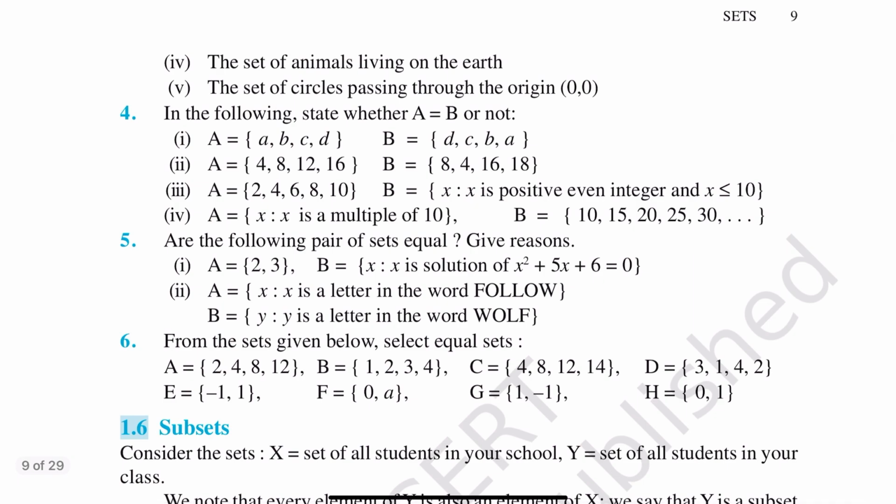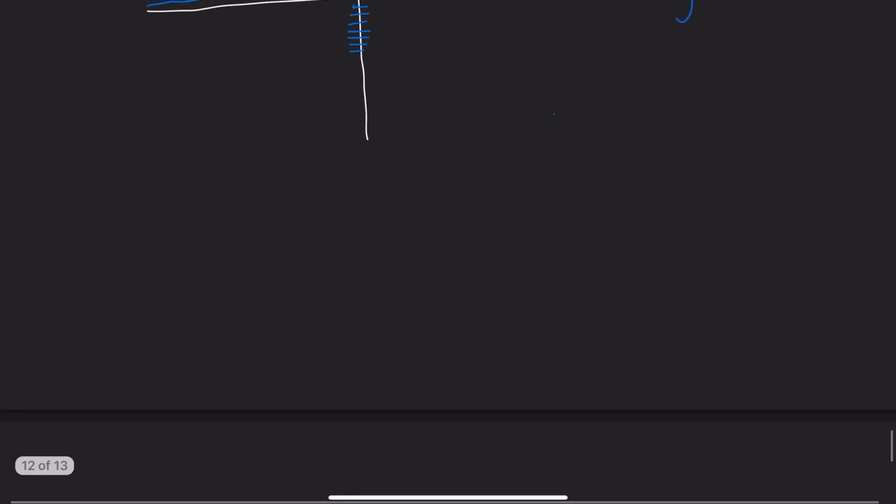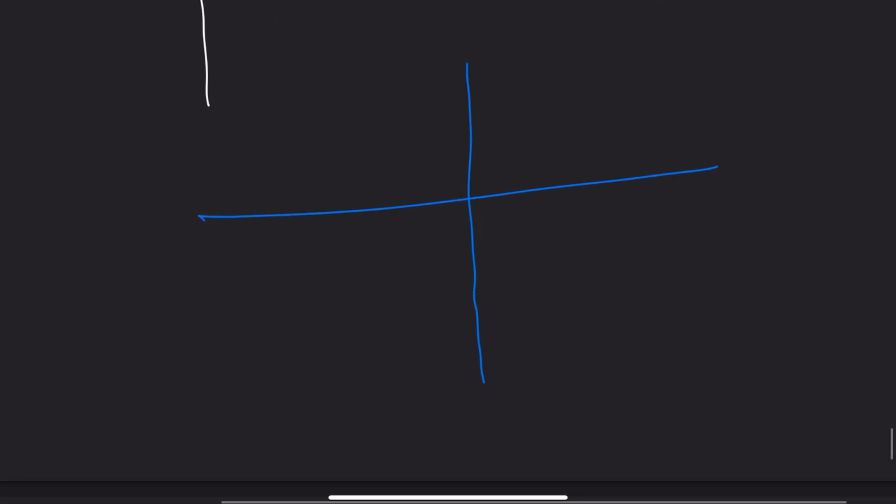Fifth, the set of circles passing through the origin. If we look at that, passing through the origin means a circle is like that. This circle is also here. Sorry.